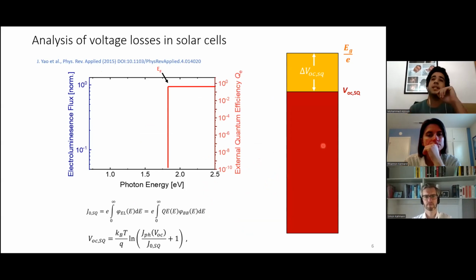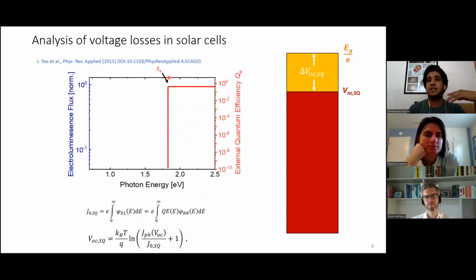If we know the band gap of a material, assuming a step-like function for the external quantum efficiency, we can estimate the dark saturation current by multiplying the quantum efficiency by the blackbody radiation. A solar cell that absorbs photons needs to emit due to the reciprocity principle, and that will limit our VOC to this value of VOC SQ that we can calculate.